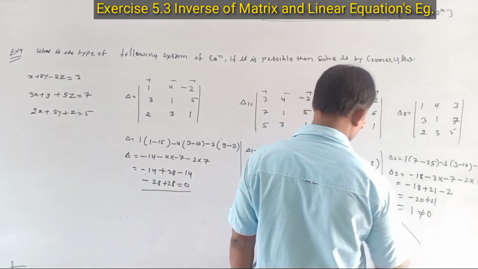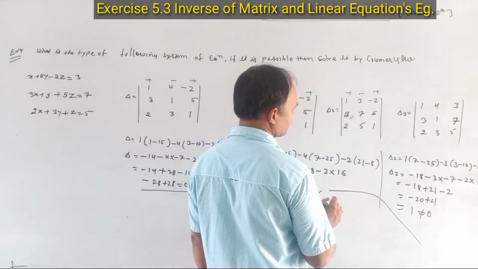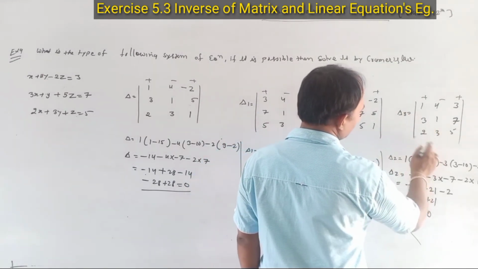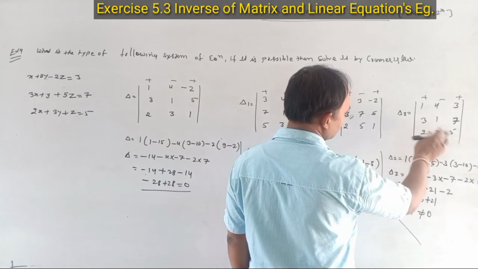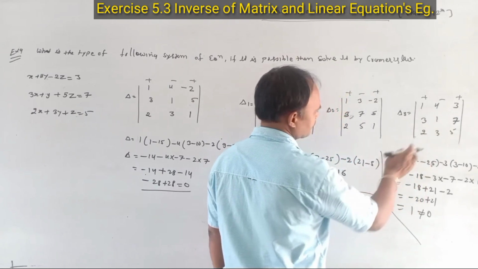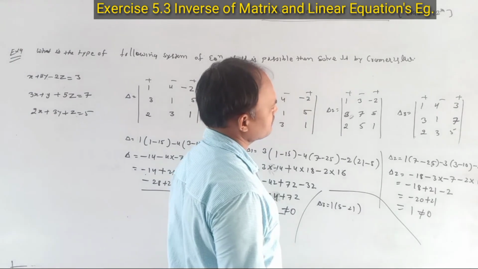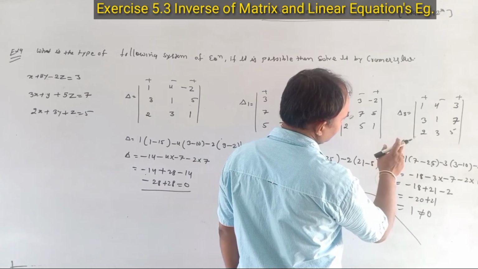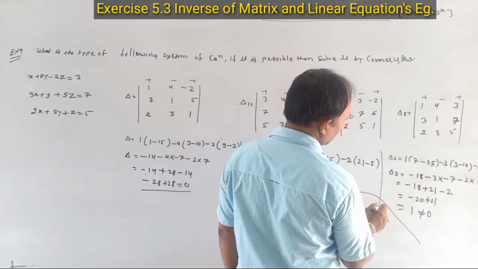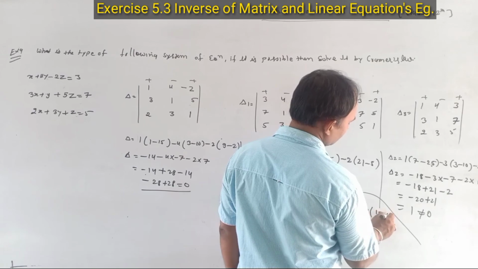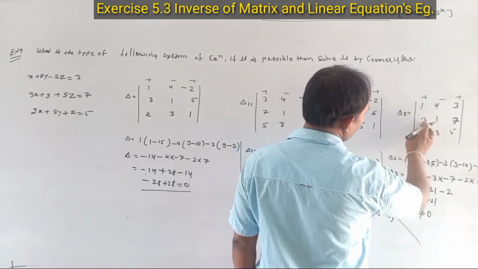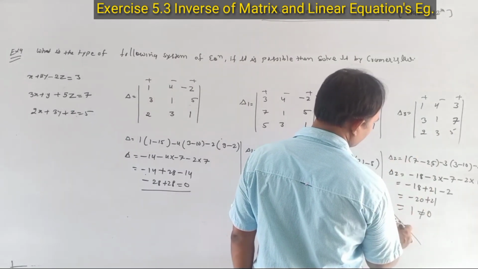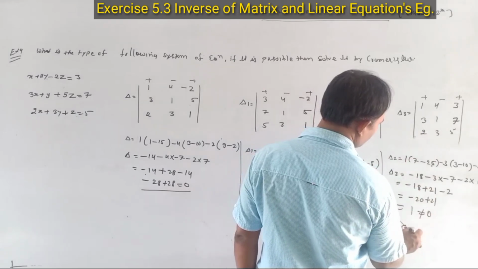Look at here, delta 3 means plus minus plus 1, and it is 5 minus 21, it is minus 4, and it is 15 minus 14, and plus 3, it is 9 minus 2.